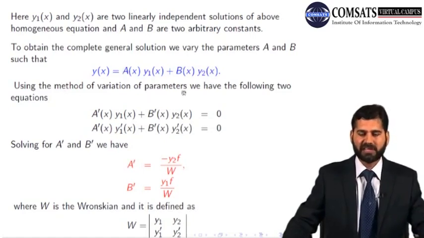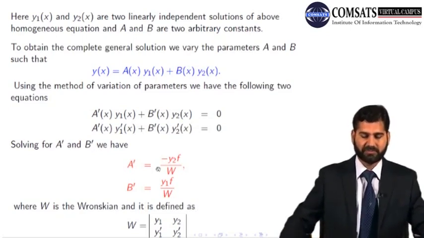So using the method of variation of parameters, we assume the following two equations: a prime(x) y1(x) plus b prime(x) y2(x) equal to 0, and a prime(x) y1 prime(x) plus b prime(x) y2 prime(x) equal to f(x). If we solve these two equations for a prime and b prime, you get this.